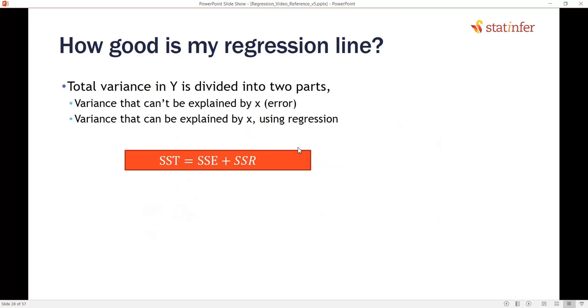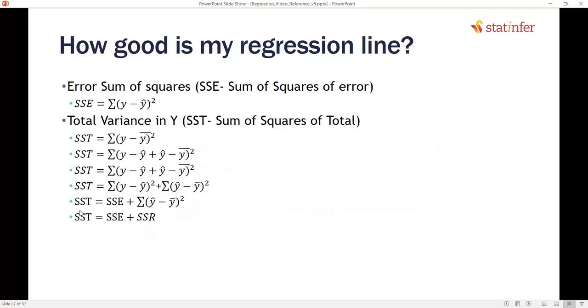So the total variance in y can be divided into two parts: variance that can't be explained by x, that is error variance or remaining variance, and variance that could be explained by our model using the regression, that is SSR. Simply, the total variance in y is the variance that can't be explained, the error, and the remaining variance that we could successfully explain, known as sum of squares of regression.